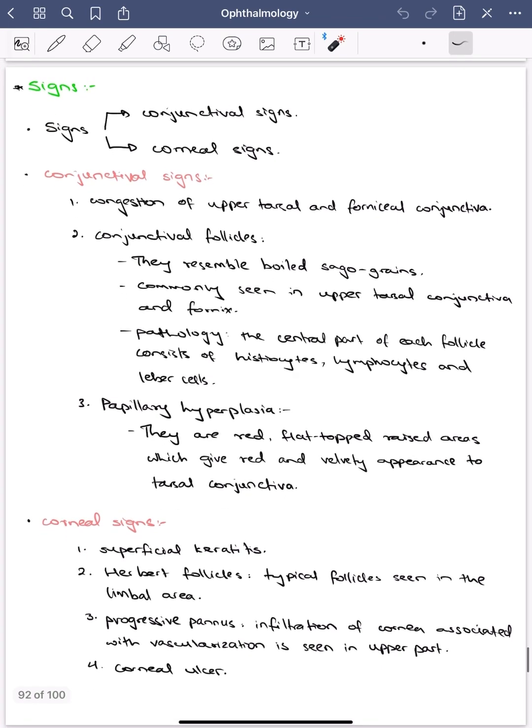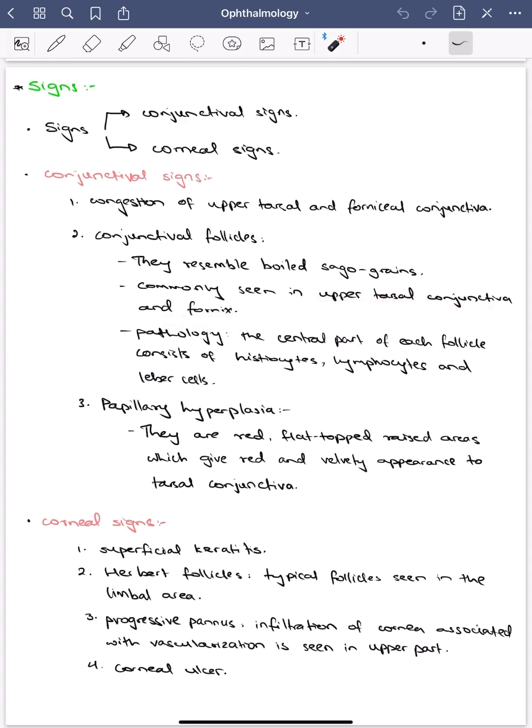Now, coming to the signs. Signs can be divided as conjunctival signs and corneal signs. The conjunctival signs are, first, congestion of the upper tarsal and fornicial conjunctiva. Second is the presence of conjunctival follicles. These follicles resemble boiled sago grains, and they are commonly seen in the upper tarsal conjunctiva and the fornix.